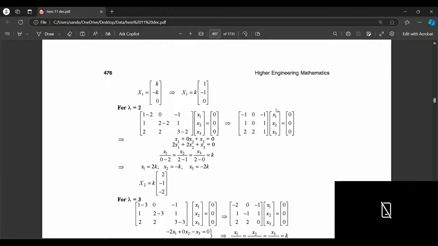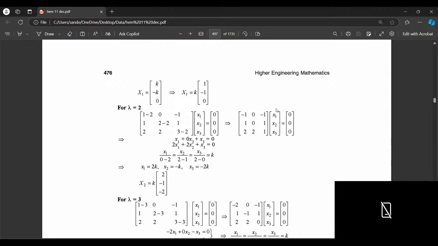So x1 by 0 minus 2 equal to minus x2 upon, deleting the coefficients for x2, the determinant of the others, 1 1, 2 1, which is 1 minus 2. Here x2 by 2 minus 1 equal to x3 over the other determinant, 1 0, 2 2.